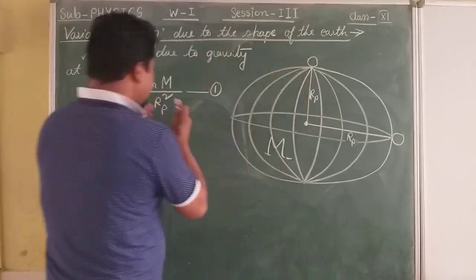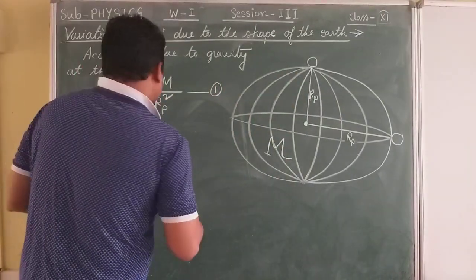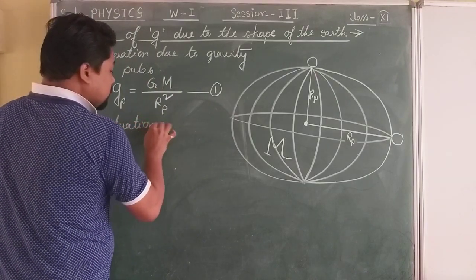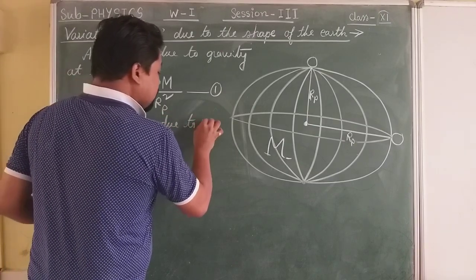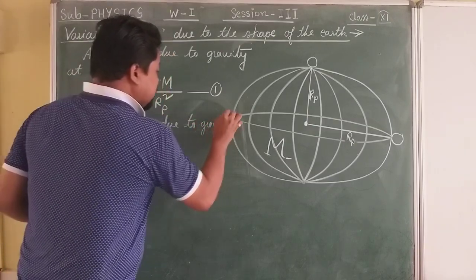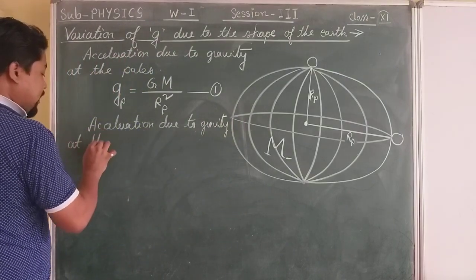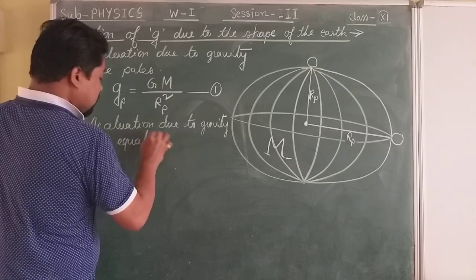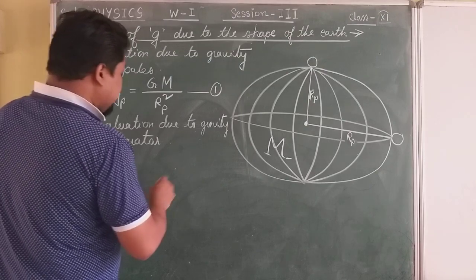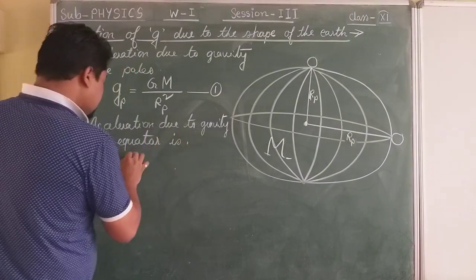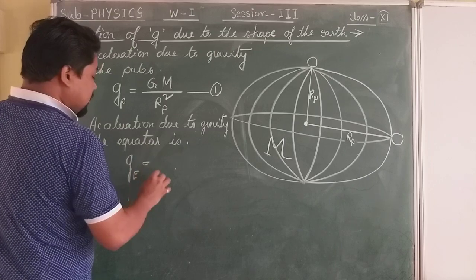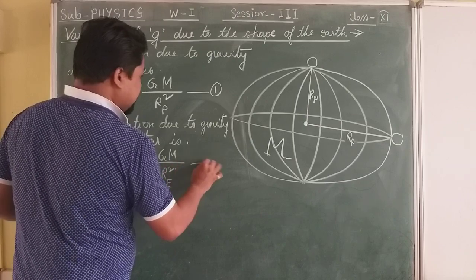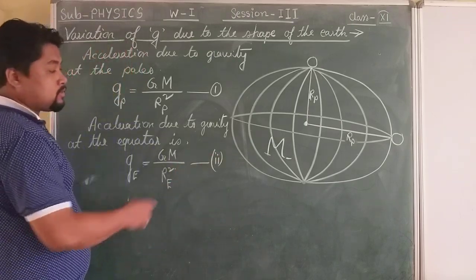Okay, rp is the polar radius. Similarly, acceleration due to gravity at the equator is g suffix e is equal to GM divided by r suffix e square.